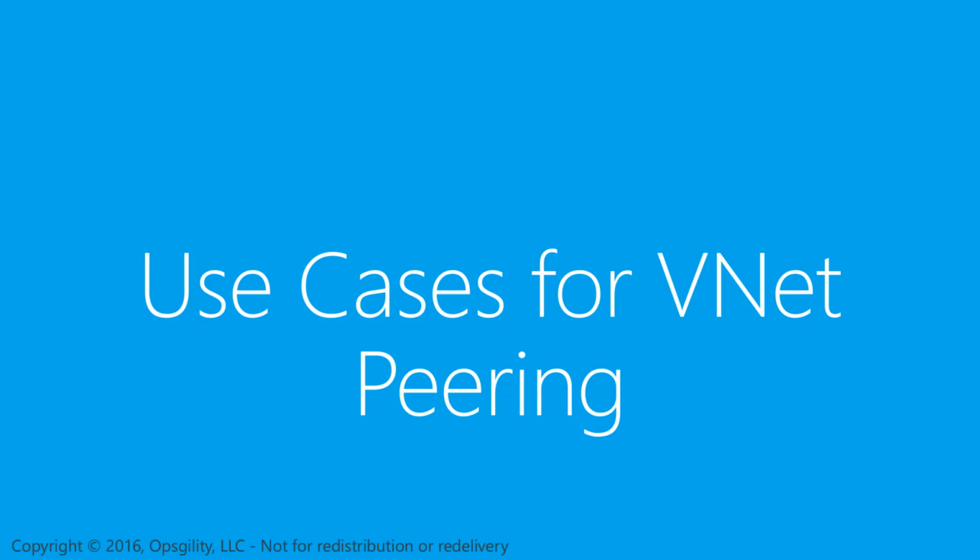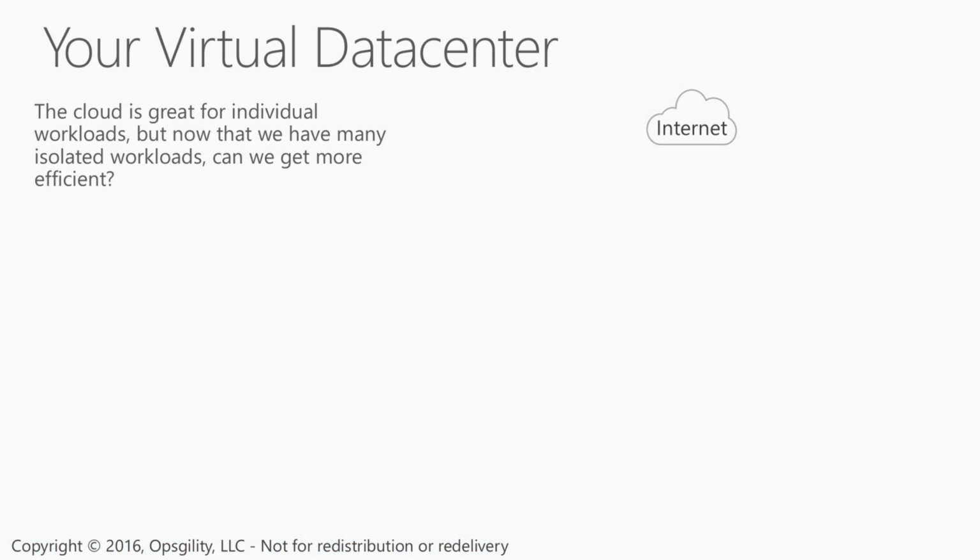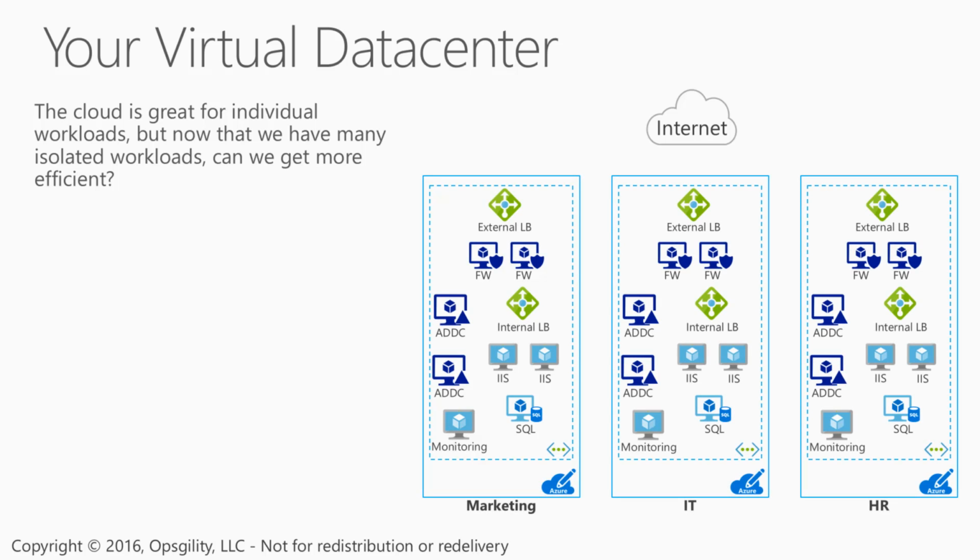Okay, let's talk about some of the use cases that VNet peering enables. The key benefit, really, of virtual network peering is reduced complexity and cost. In large enterprises, it's common for organizations to provision one or more subscriptions for different departments or business units.